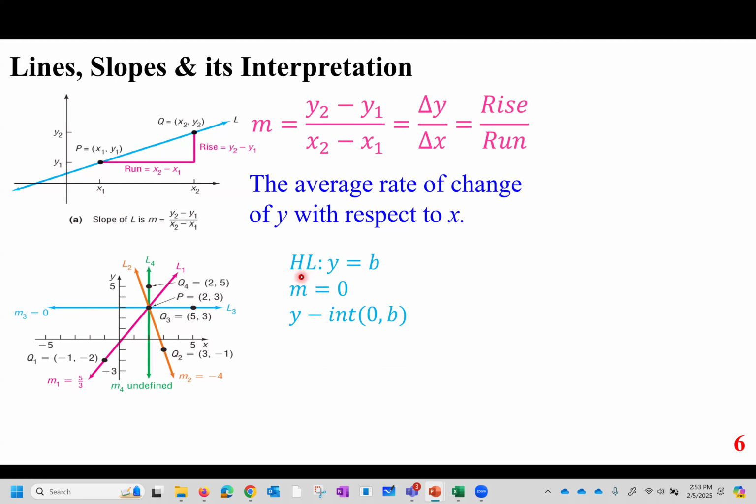HL, short for horizontal line, has the equation y equals a constant b. The slope is 0. The y-intercept is (0, b). So for example, in this case, it would be (0, 3).